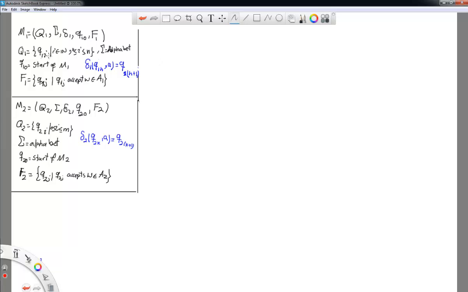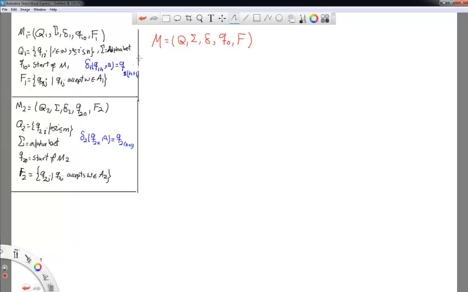So when I combine them together, I want to create a 5 tuple M that is equal to Q, sigma, delta, Q sub 0 and F. If I build this automaton M that accepts the languages in A sub 1 or A sub 2, then I have proved my theorem that there is an automaton that accepts strings from the union of language A sub 1 and A sub 2, and by definition then the union of A sub 1 and A sub 2 must be regular, because a regular language is defined as a language such that a finite automaton accepts all its strings.